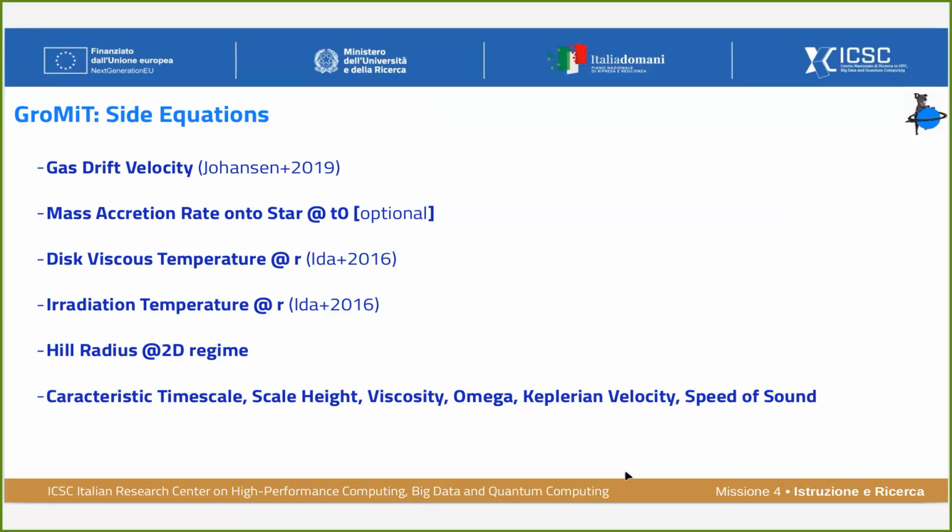So we're also using Ida equations to help us define the disk parameters more than anything else. So we have the gas drift velocity, we have the accretion rate onto the star, we calculate the disk viscous parameter and the radiation temperature. We have the Hill radius at the two-dimensional regime, and then the things that you need to build up your disk.